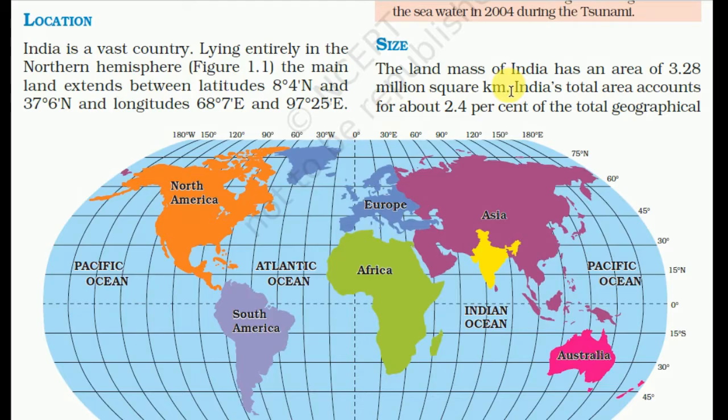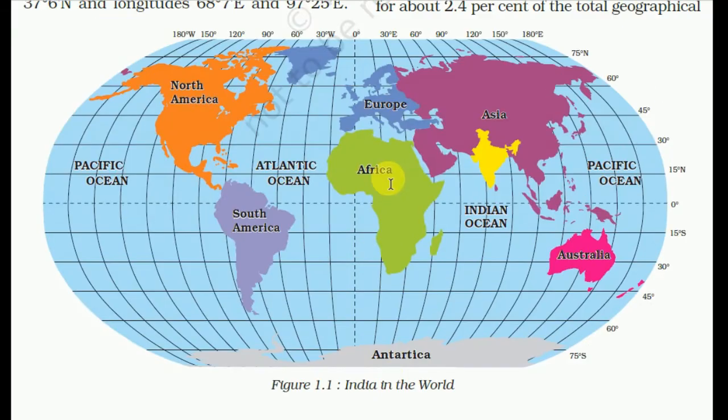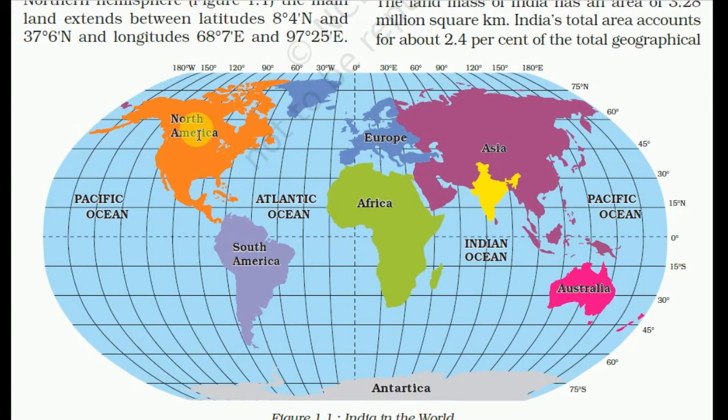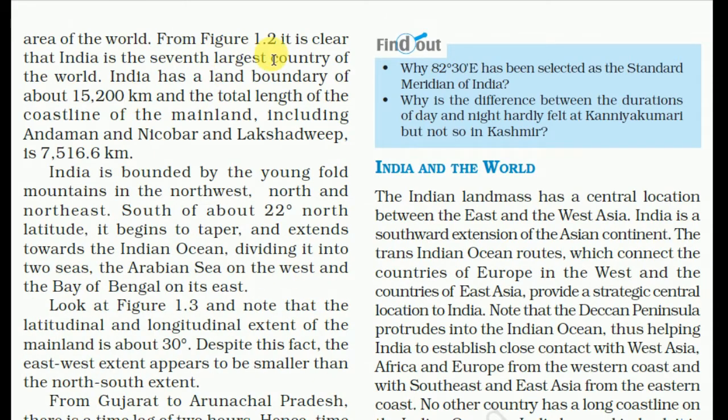And see this picture, here is North America, South America, Asia, Europe, Africa and Australia. From the above picture, it is clear that India is the 7th largest country of the world.